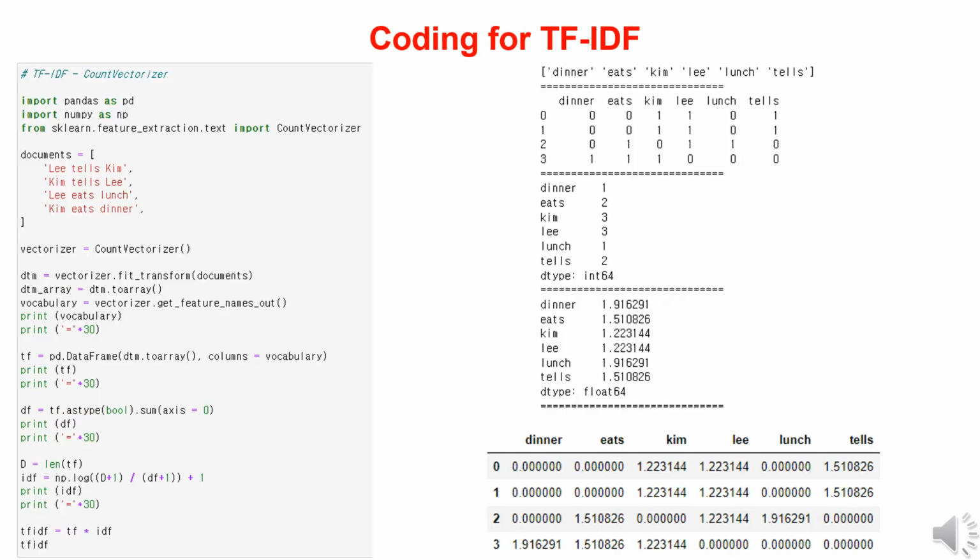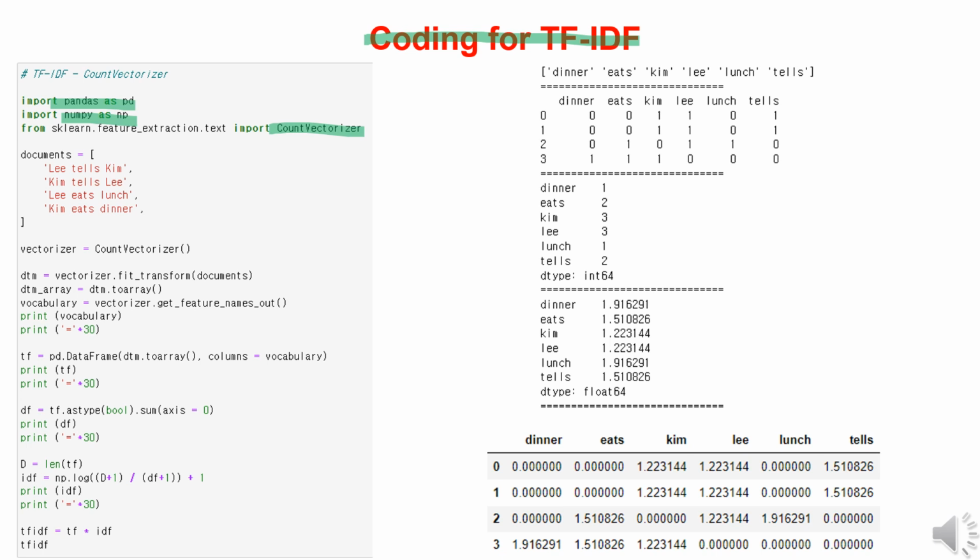Now let's go ahead and implement the TF-IDF method in code. You can find this Jupyter Notebook file on GitHub, which you can download and run for yourself. First, we'll import the pandas and NumPy libraries. Additionally, we'll import the count vectorizer library to represent text data numerically based on word frequency.